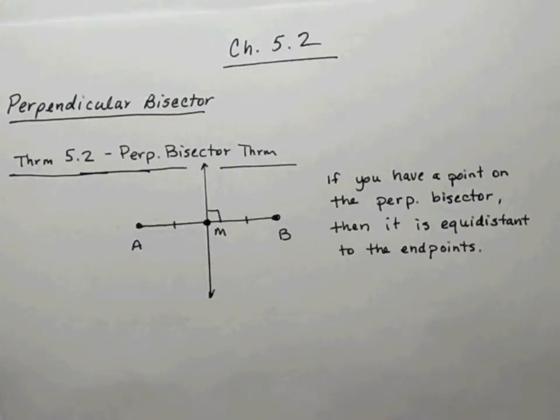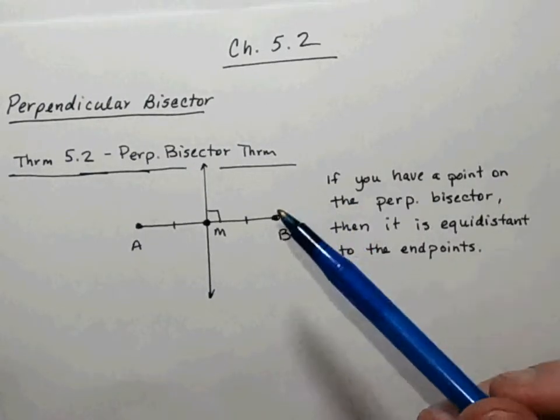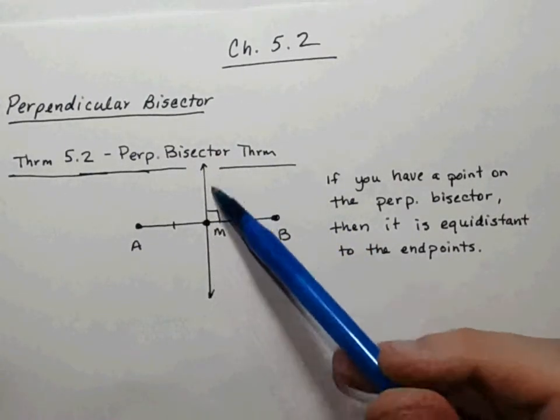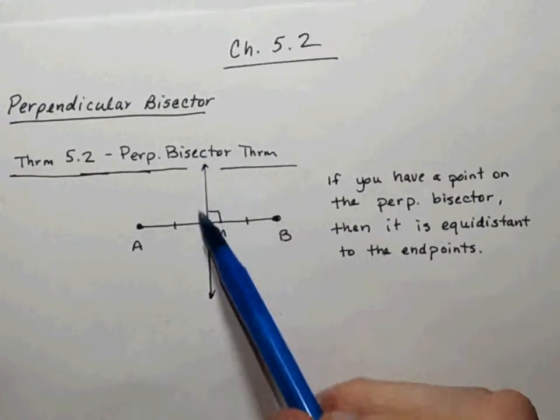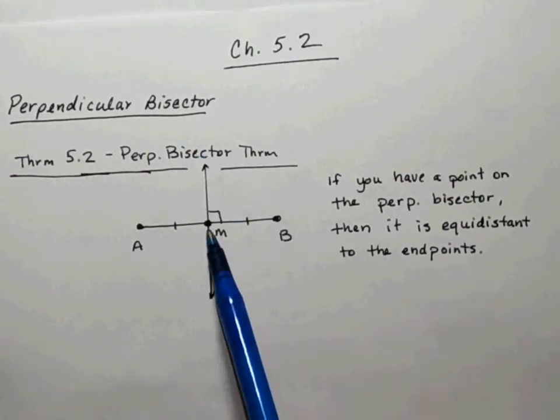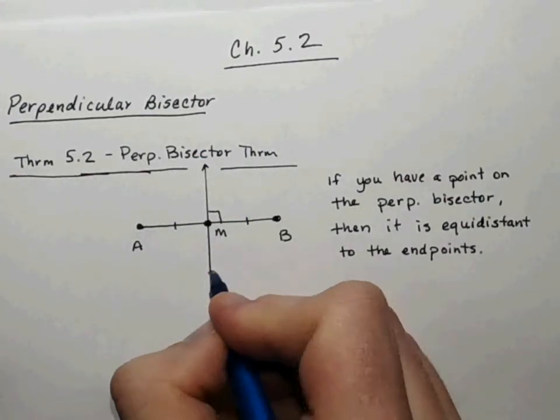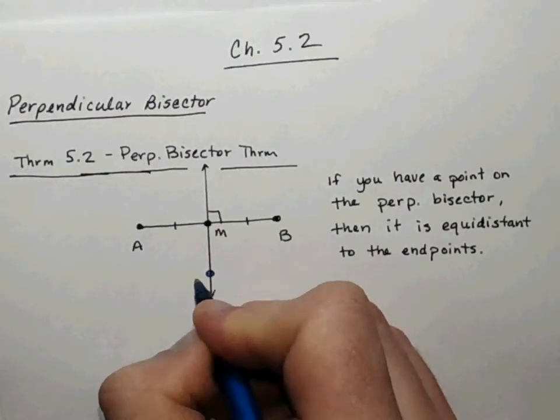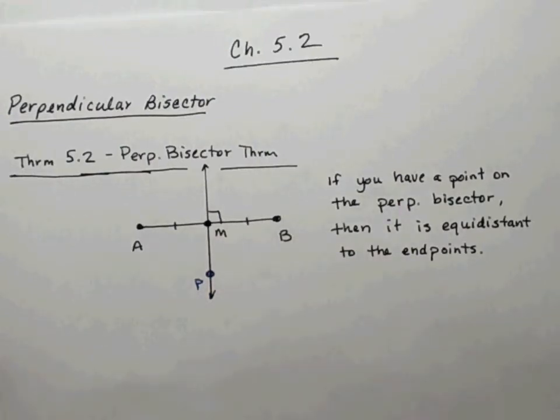Let's talk about what that really means. I can pick a point anywhere on my perpendicular bisector. It can be all the way up here, or anywhere down here. I'm going to put mine right there and call it P for point.